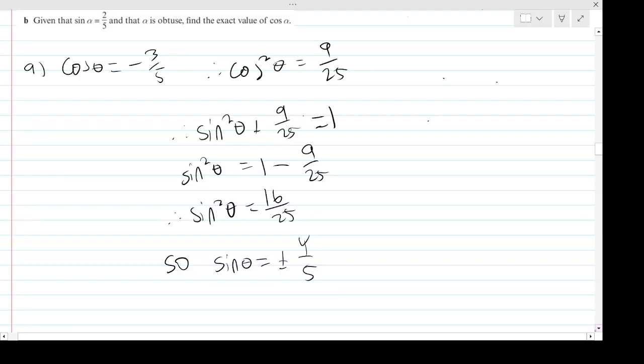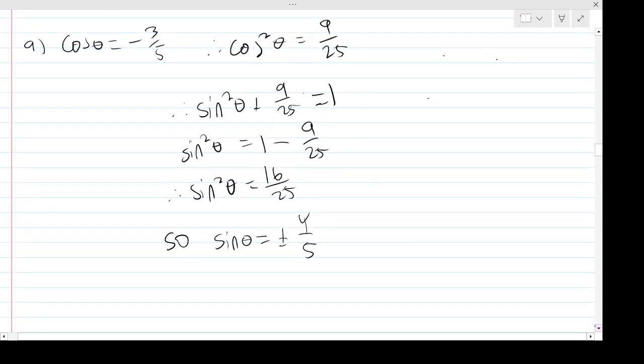So remember when we're solving, for example, x squared is 1, we'll say x is either plus 1 or minus 1. So yeah, we are solving for sine theta here, so we do need plus or minus. Now, either sine theta is 4 over 5 or sine theta is minus 4 over 5.